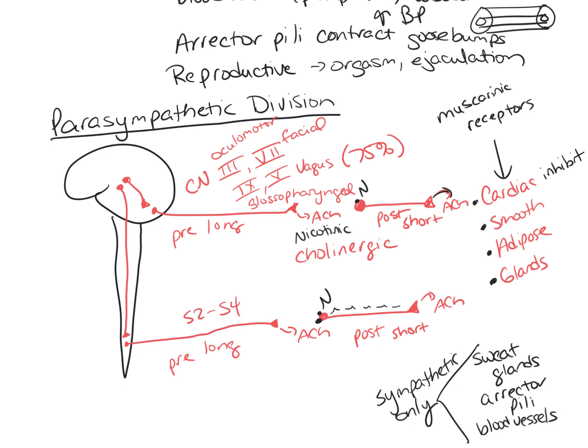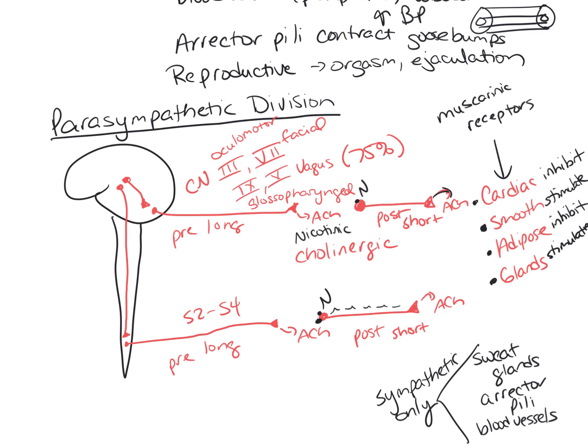When the parasympathetic division is stimulated and acetylcholine binds to smooth muscle, like in the GI tract, it'll be stimulatory, and it'll cause an increase in contraction of those smooth muscles. So we get increased motility of the GI tract, increased motility in the urinary tract. It will inhibit adipose tissue so that adipose tissue does not release triglycerides to be used as energy, and it will stimulate glands.